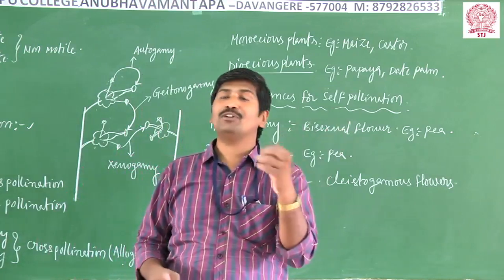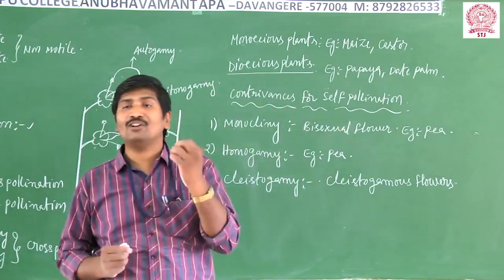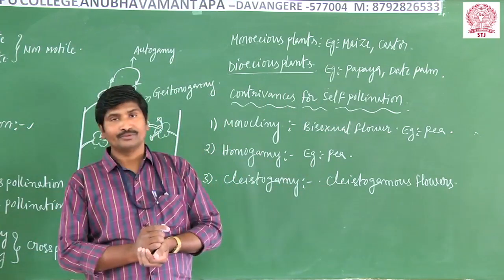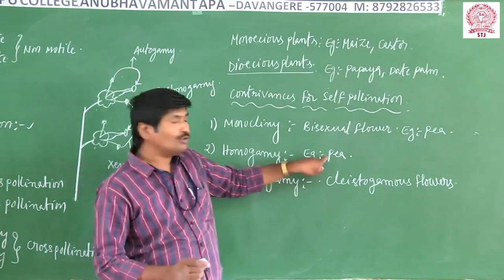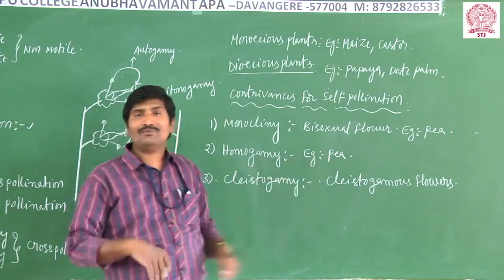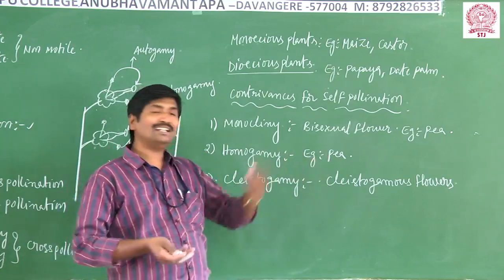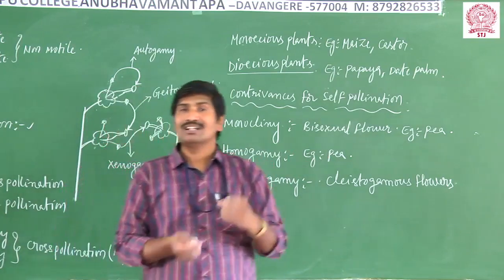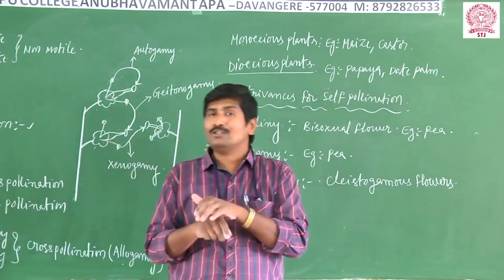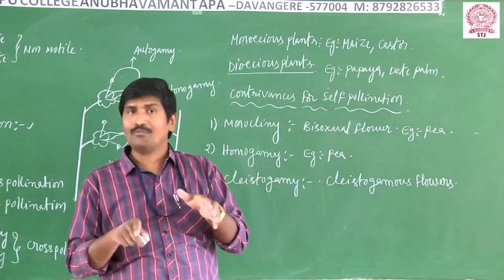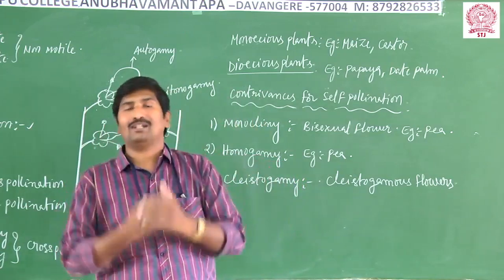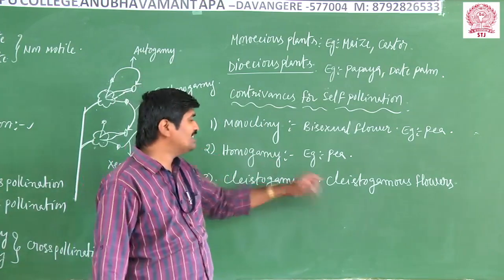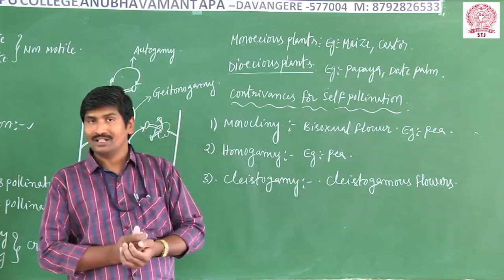Throughout life, the flowers do not open. Such kind of flowers is known as cleistogamous flowers. Take also a member of the Fabaceae family. The flowers do not open because the stamens and the stigma are enclosed by the petals. Such kind of flowers is known as cleistogamous flowers.